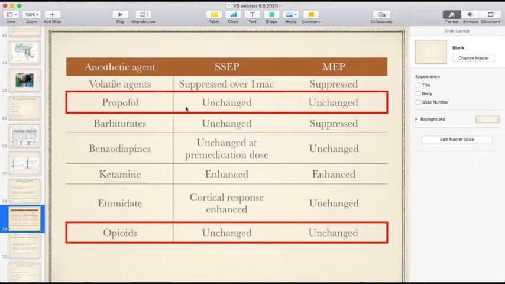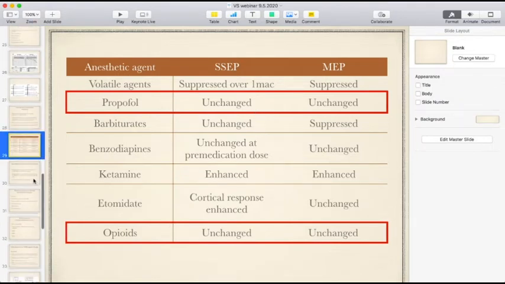The two important drugs that need to be kept in mind are propofol and opioids, such as Dexmed, which do not change any potential, or which are relatively extremely safe to use in a patient who is undergoing neurophysiological monitoring during surgery.